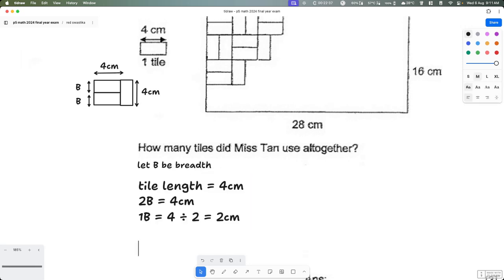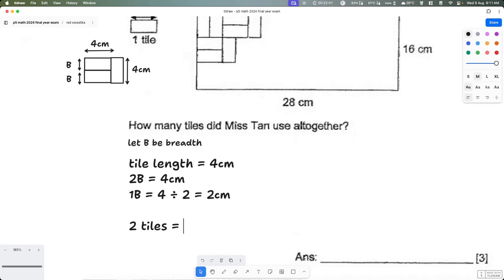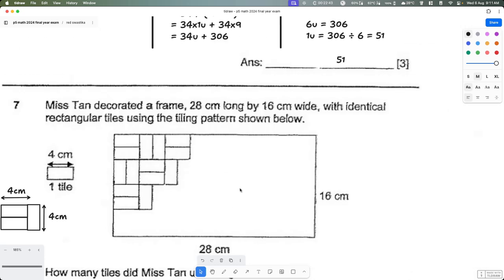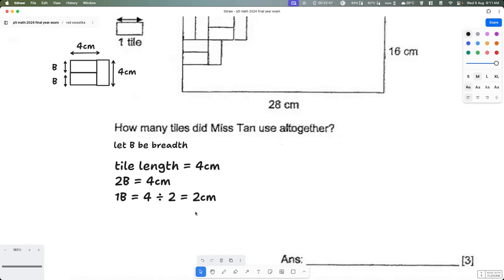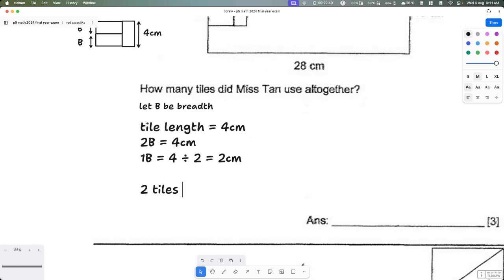Essentially, we want to get the number of tiles. So 2 tiles form 1 square. 1 square area is equal to 4 times 4, which is 16 centimeter square.